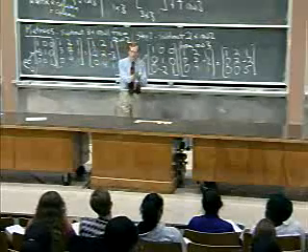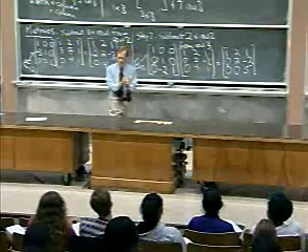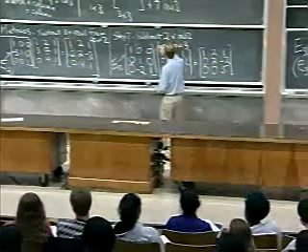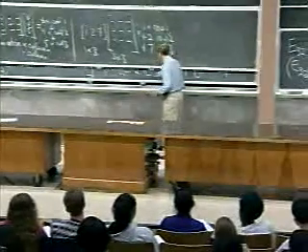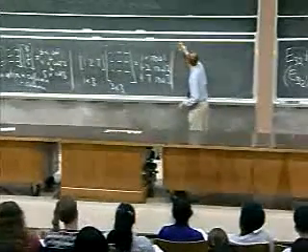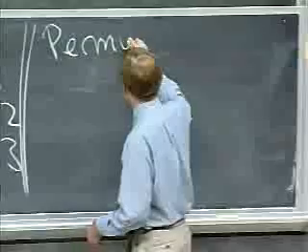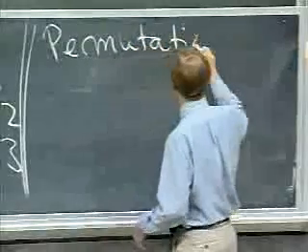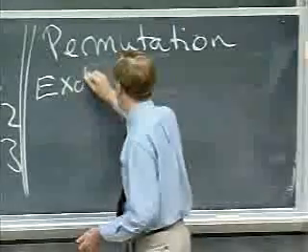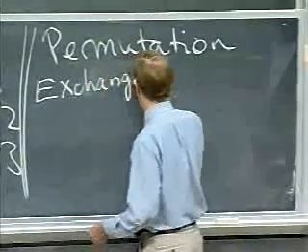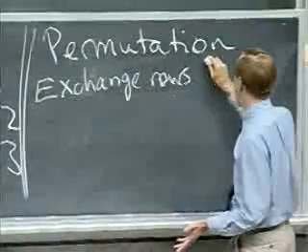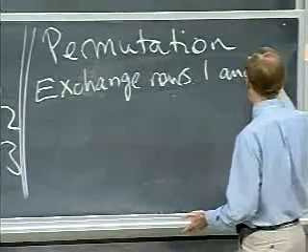This is a slight digression, and so let me figure out where I'm going to put a permutation matrix. You'll see I'm always squeezing stuff in. So permutation. Or in fact, this one is exchange rows. So I exchange rows 1 and 2 just to make life easy.